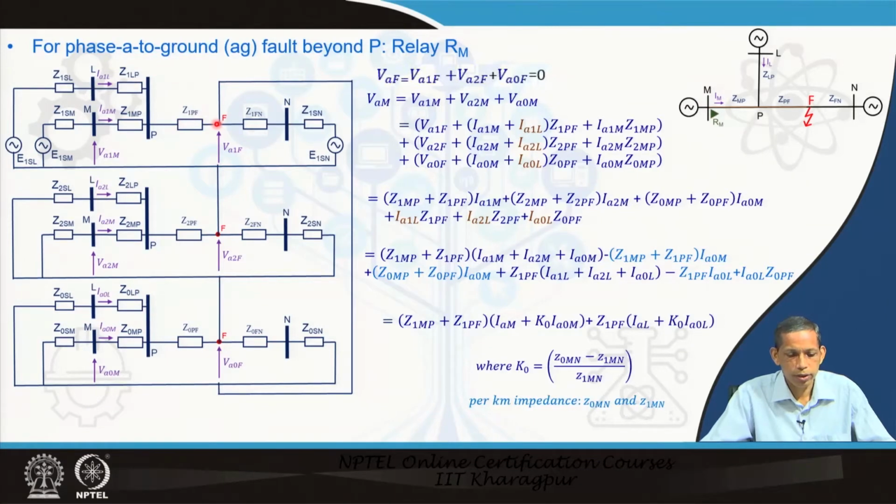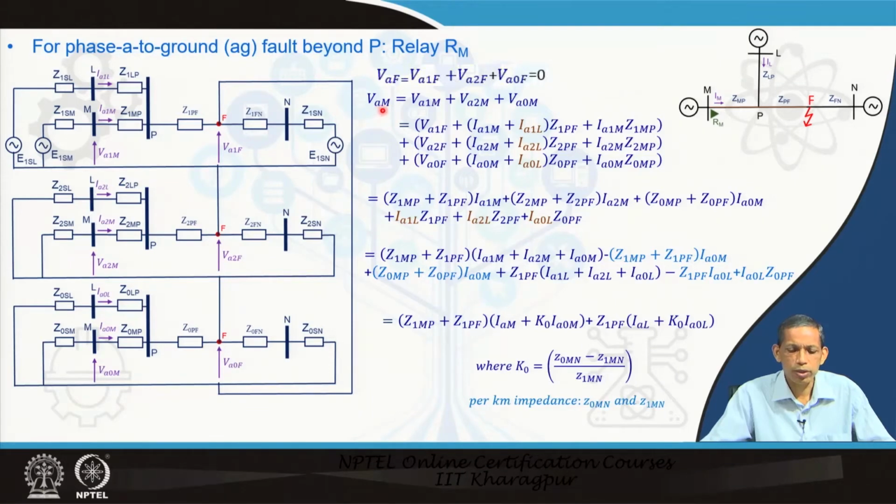The fault point is to the left, this is the common section from bus P, and these are the two parallel paths contributed by the two sources at M and L. This is for positive sequence, this for negative sequence, this for zero sequence, and this is the fault point. We connected them for RF equals 0 like this, and that is our sequence network diagram for the phase A to ground fault.